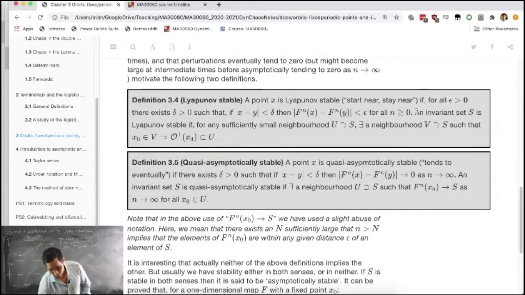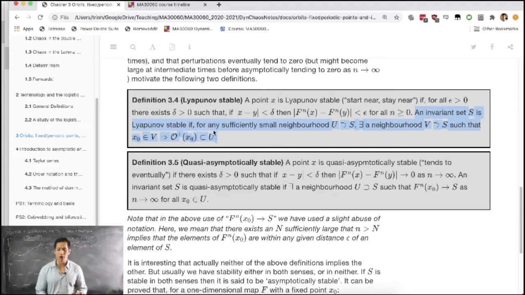Read the rest of this definition on your own, but the rest of the definition applies to sets instead of points, but the basic idea is the same. An invariant set S is Lyapunov stable if for any sufficiently small neighborhood U which contains S, there exists a neighborhood V which contains S, such that if x naught is an element of V, then the forward orbit of x naught is contained within U. Okay?